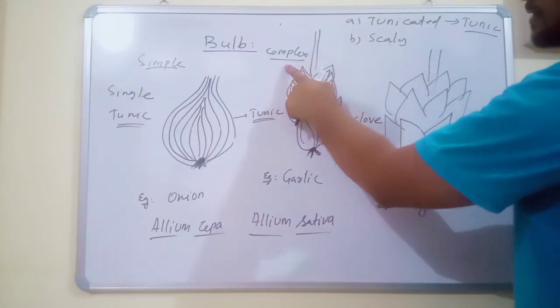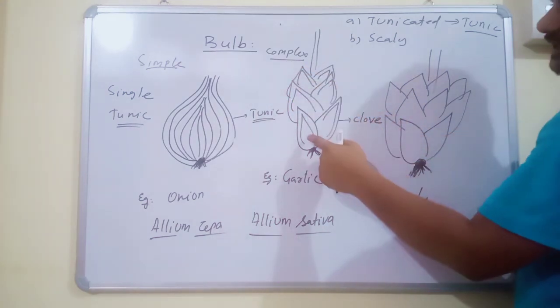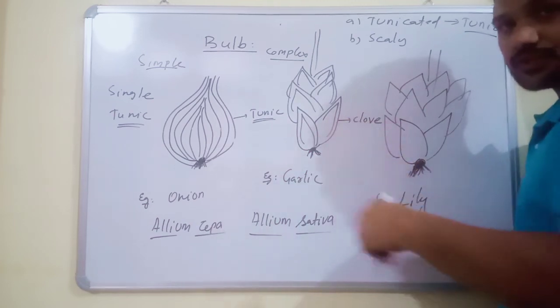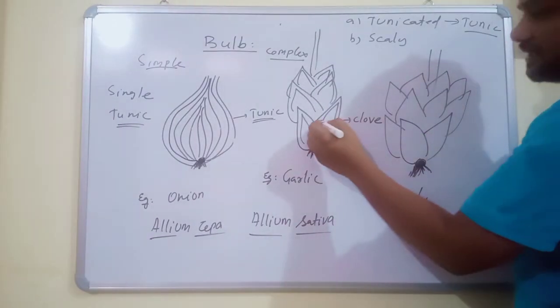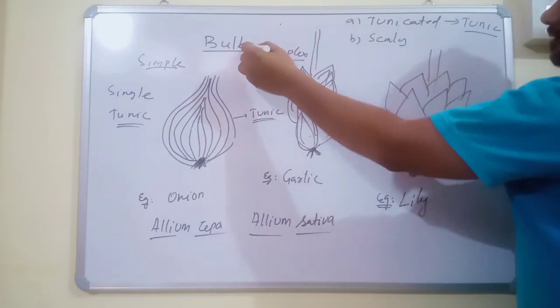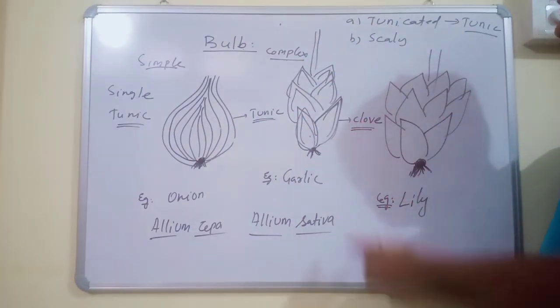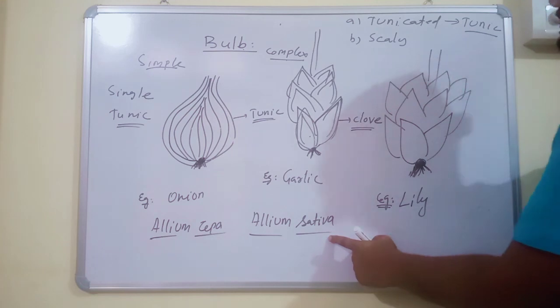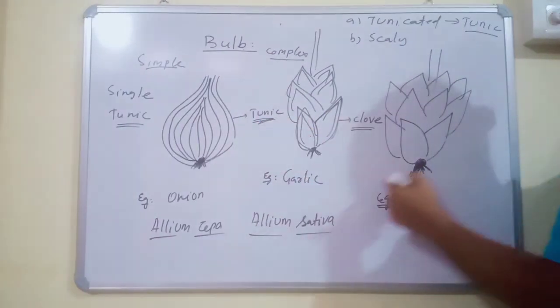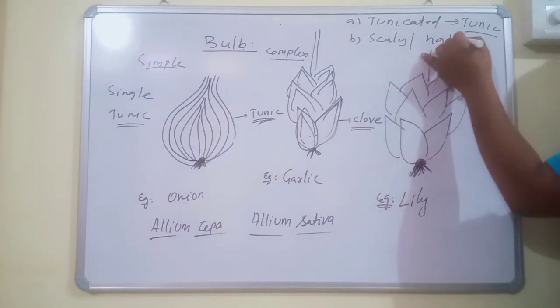And one more type is complex tunicated. In complex tunicated, every fleshy scale leaf has its own tunic, and each fleshy scale leaf in case of complex tunicated bulb is called a clove. Example, garlic, Allium sativum. And the second one is scaly bulb. In scaly bulb, the tunic is absent, and scaly bulb is also called naked bulb.